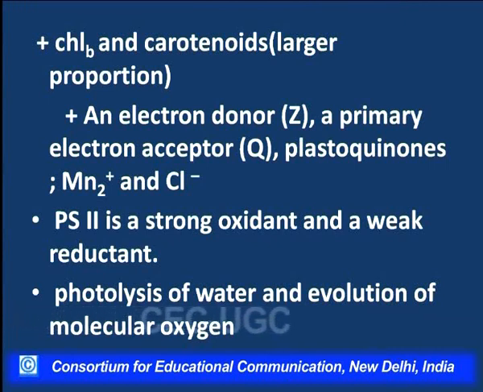You remember, in PS1, by virtue of being a strong reductant, it could reduce NADP. But here, since the PS2 is a strong oxidant, it oxidizes water. As a result, molecular oxygen is released.